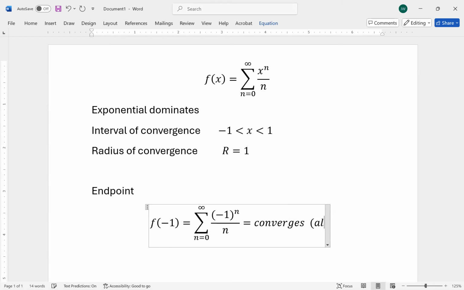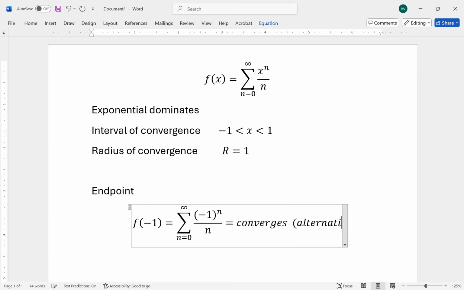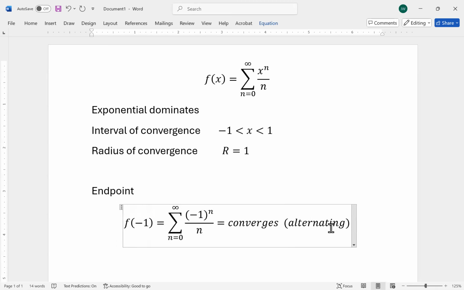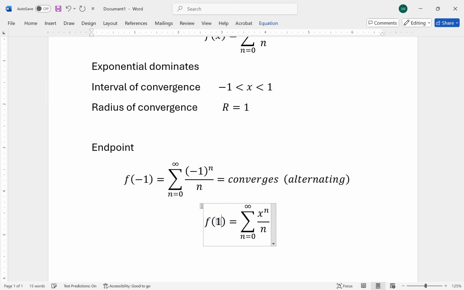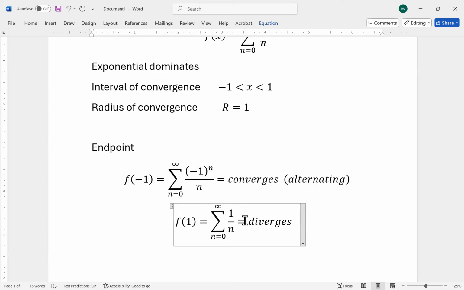And again, I'm just using the alternating series test. Okay. How about the other endpoint? What's going to happen when I plug in the value of +1? Well, when I plug in the value of +1, I get 1 to the n, which is just 1. We have seen this a bunch of times before. That's a p-series test with p of 1. So that's diverging.